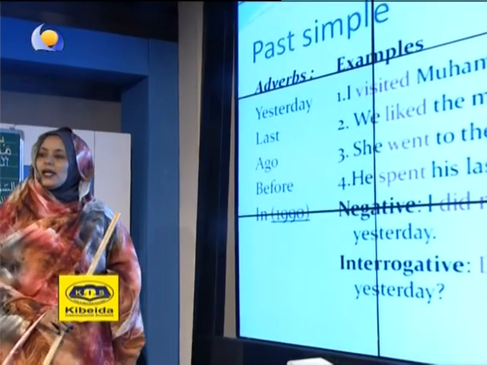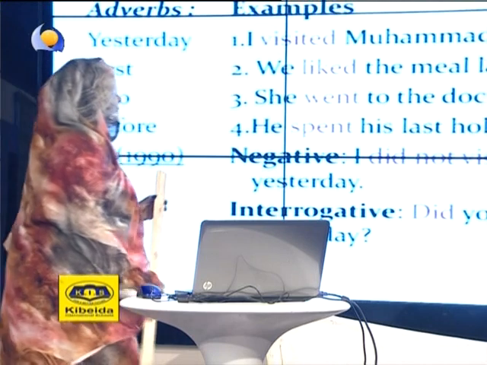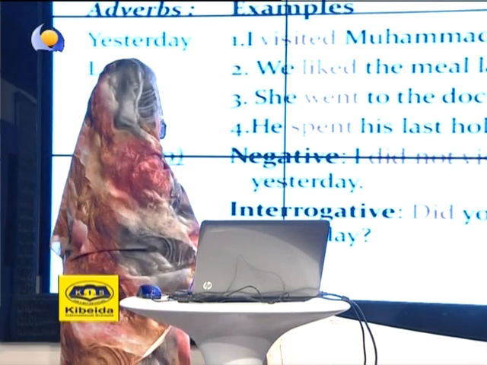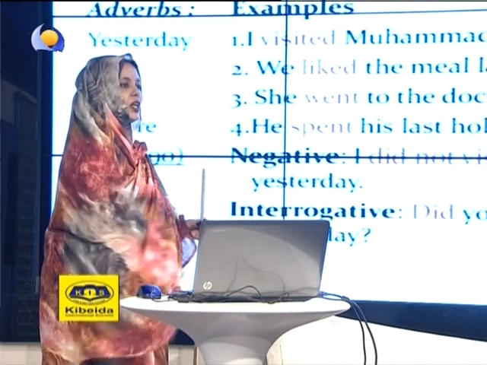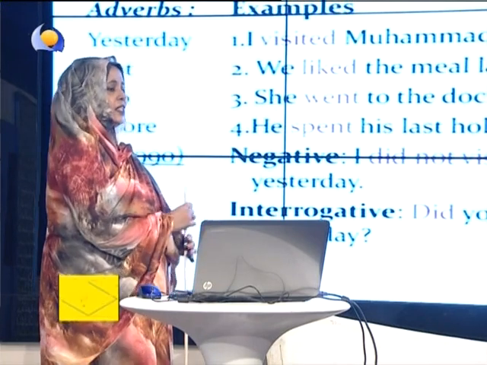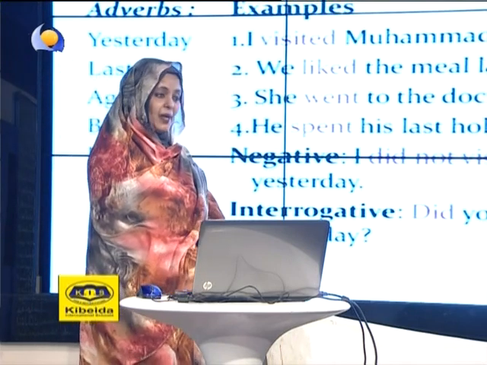Something that happened 3 days before, or 2 years before. Or when you mention a date in the past, like something that happened in 1990 or 1996. This is past time, yes?